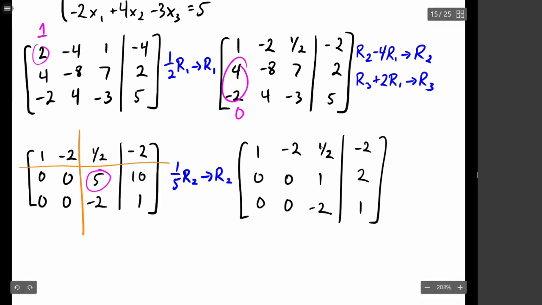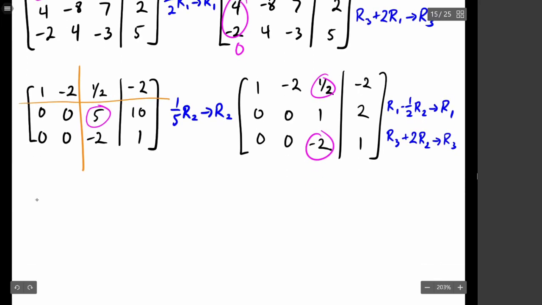And now these two we need to make into zeros. So do it. For row 1 here, we could do row 1 minus 1/2 of row 2 goes to row 1. For row 3 here, we could do row 3 plus 2 row 2 goes to row 3.